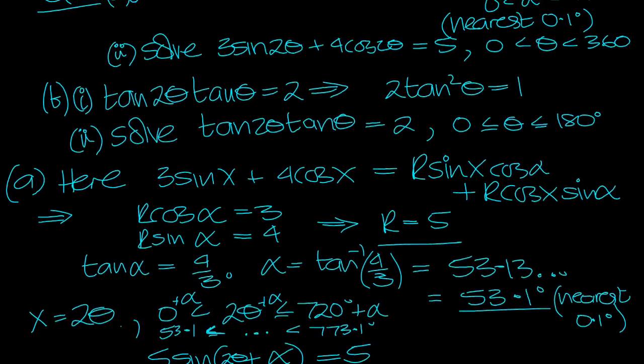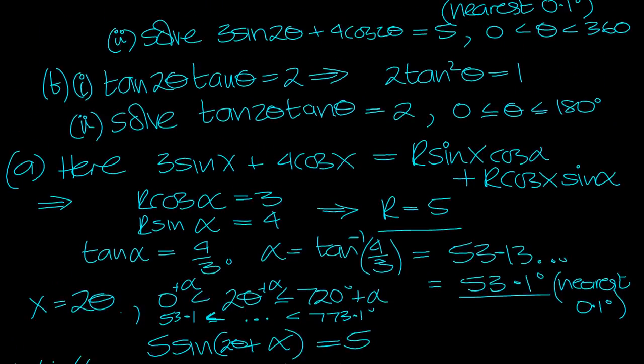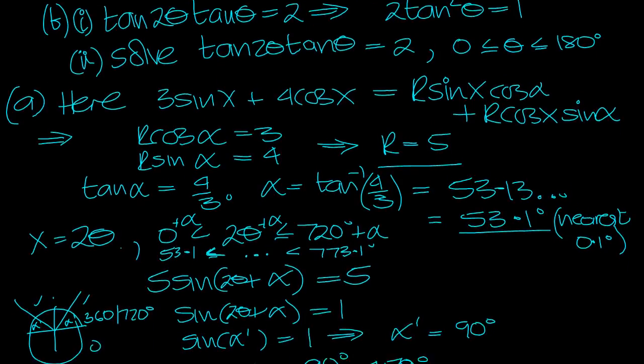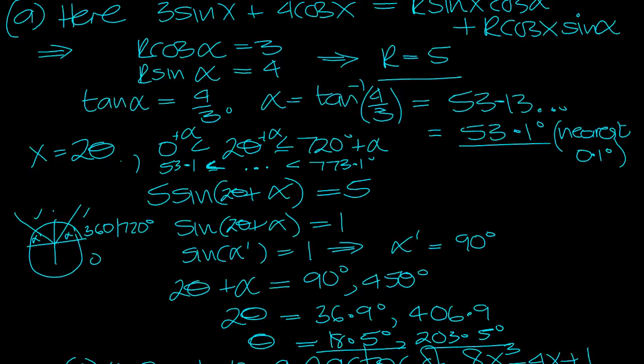Now let's have a look, just check that. Okay, so solve that. So that was A done. Just one slight error there. I need to take off, for some reason I take away 53 and I put 406. I must have been thinking about 360. It would be 396, wouldn't it?